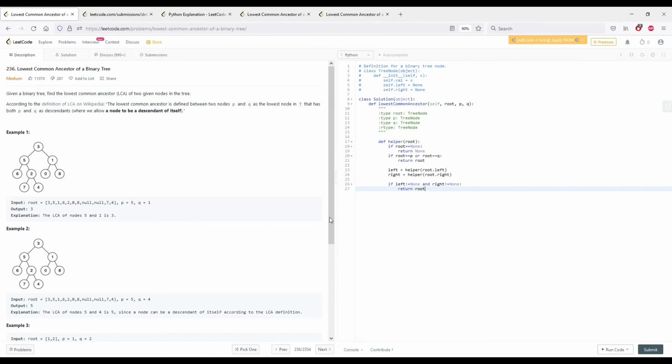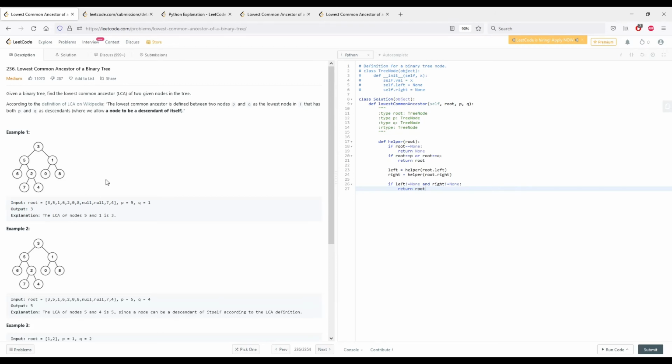We do the recursive call for left, and it turns out we found 5, so return that, and left is now 5. It's not none, meaning on the left subtree we found either P or Q. For right we again searched, and we found it was Q, which is 1. Since left is not none and right is not none, we return root.